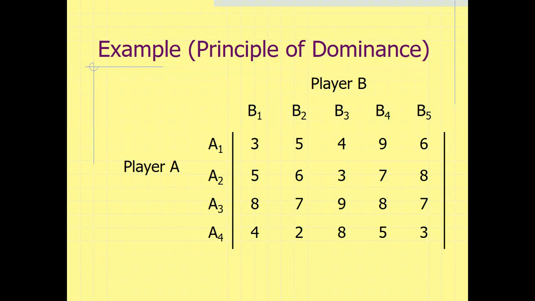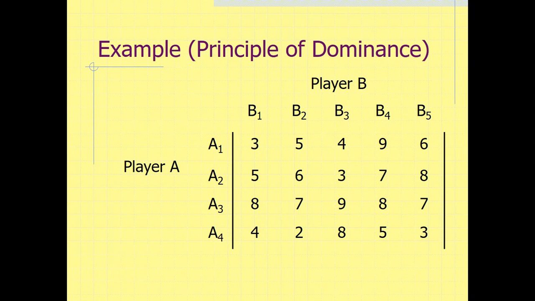Now let us consider the following example. Here player A has 4 strategies and player B has 5 strategies. The game has a saddle point at A3, B2 and the value of the game is 7.